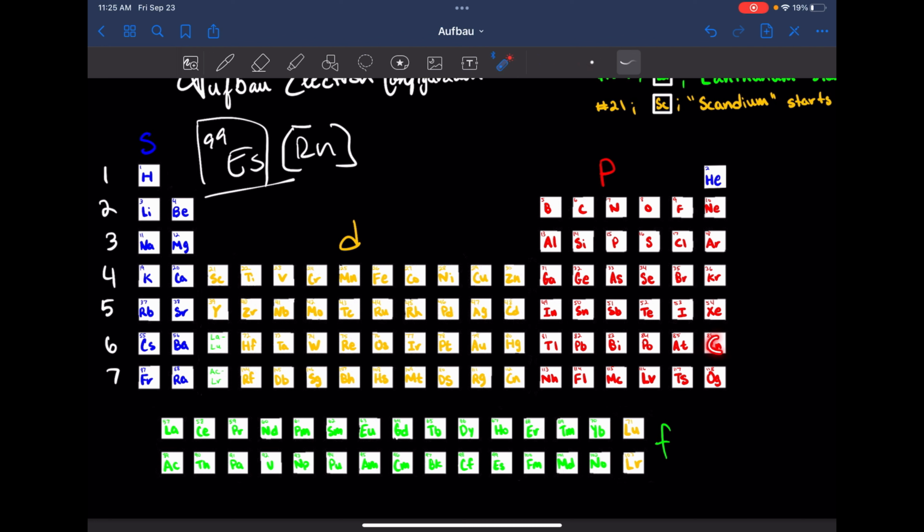Radon is right here in period 6, because this F block is supposed to be right here in period 6. And since Einsteinium is in this part, it's actually in period 7. So we look at the noble gas in period 6, and then we jump to the period that Einsteinium is actually in, which is, again, 7. So 7s2 from right here. And then we hit this F block again. So 5f, 1, 2, 3, 4, 5, 6, 7, 8, 9, 10, 11.